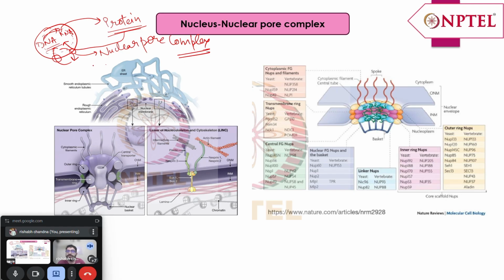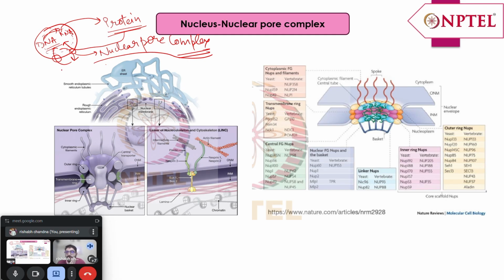The nuclear pore complex has certain proteins that act as transporters that allow only entry of certain molecules or exit of certain molecules that have certain signals.